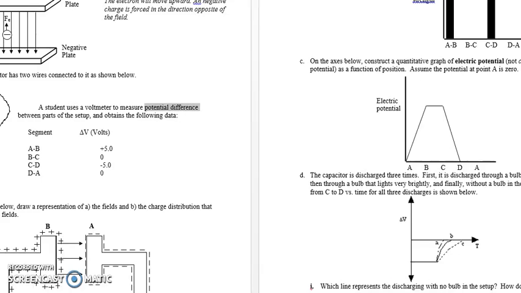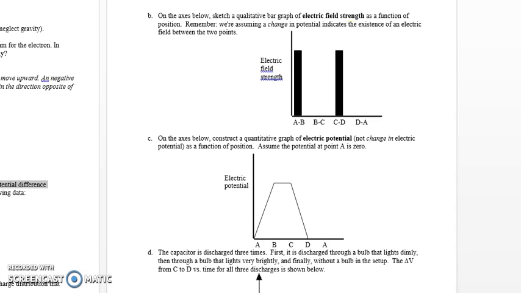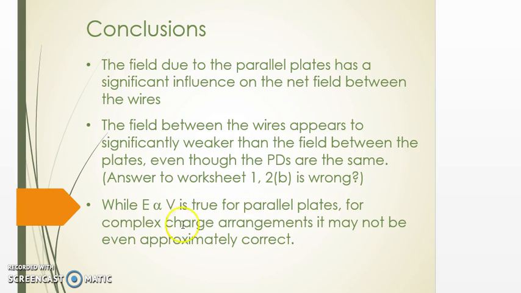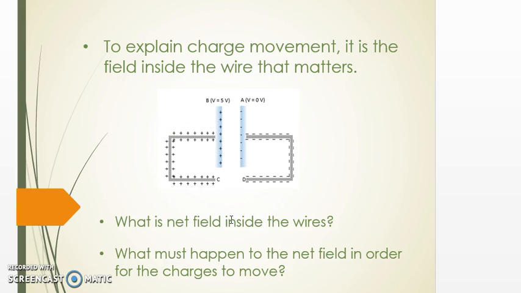And as my diagrams are suggesting, I have doubts about whether the electric field strength between A and B and C and D are exactly the same. Anyway, moving on.